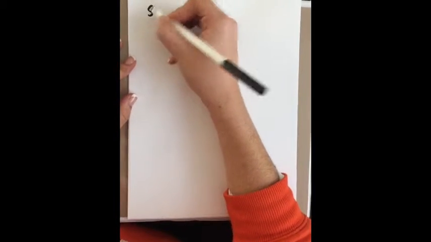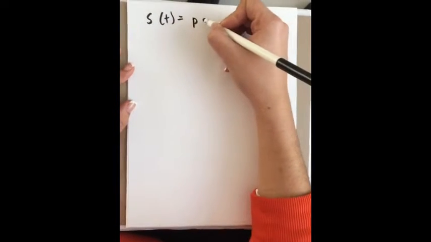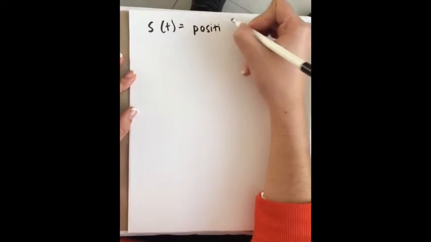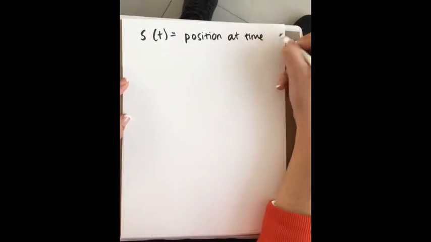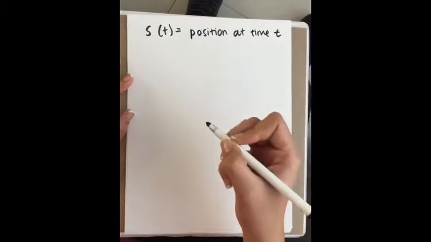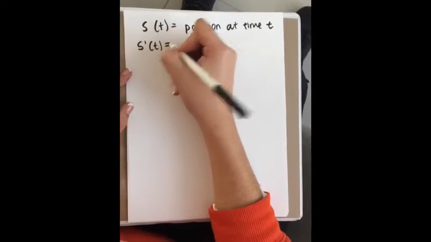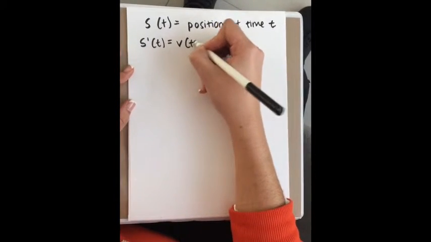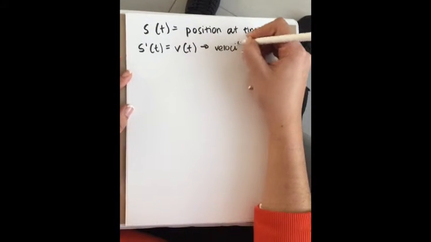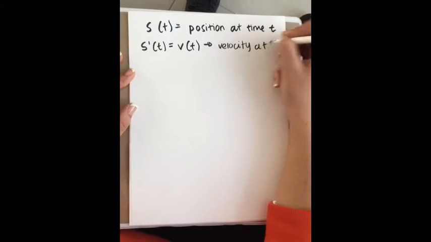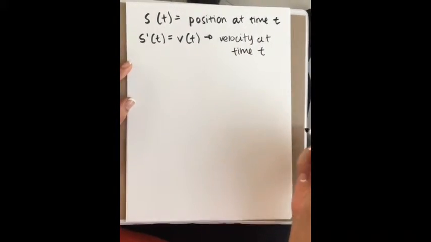So the data that we have is that the given position at time t. Then we have the derivative of the position, which equals velocity at time t.